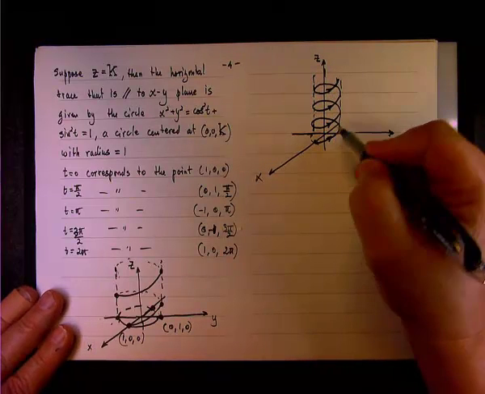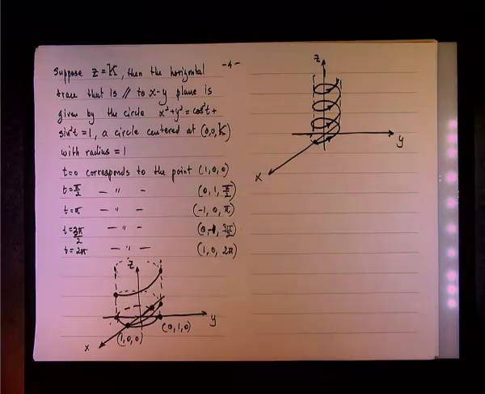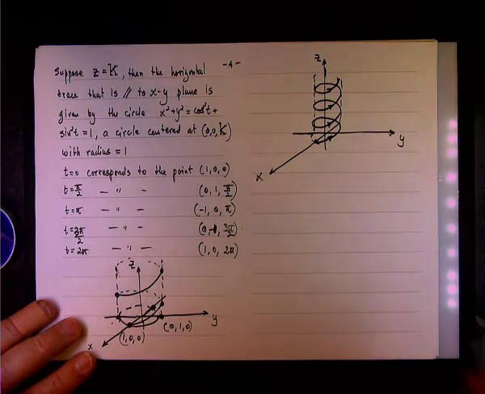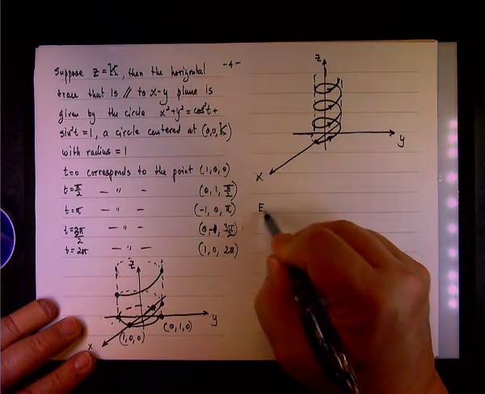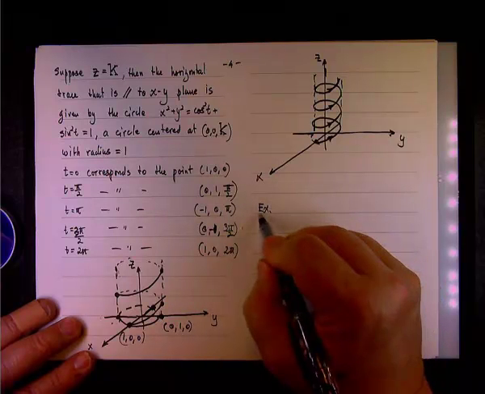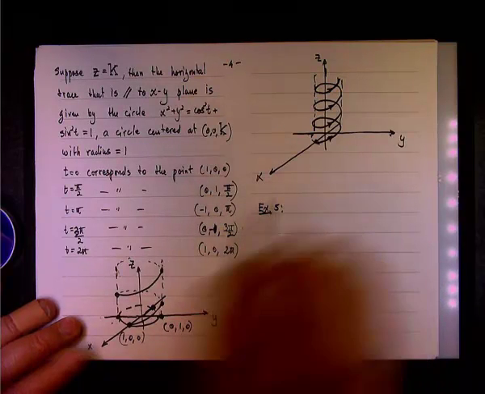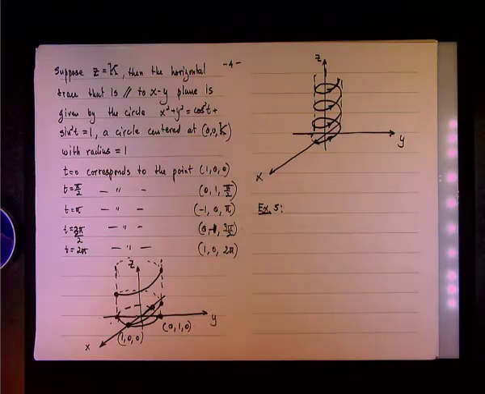Okay. So this is the space curve, and you can see that we move in this counterclockwise direction upward in a corkscrew motion. So this is the helix.